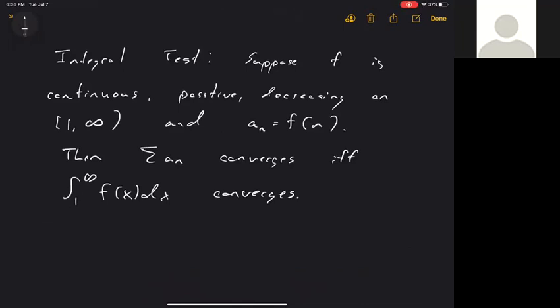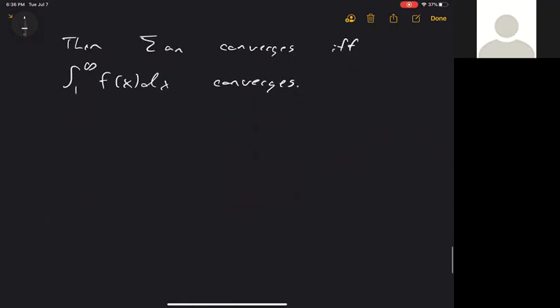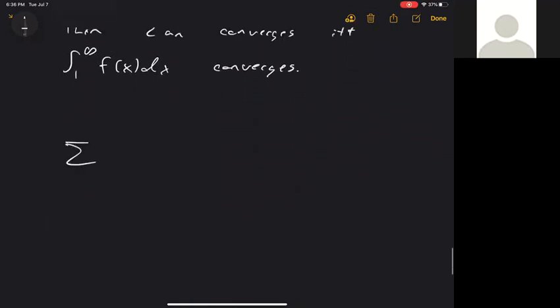So what does this mean for you? Okay, let's kind of translate this real quick. You have a series from 1 to infinity, and you see that the series kind of looks like a function, right?